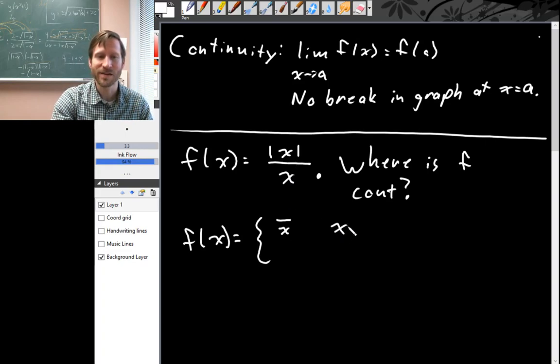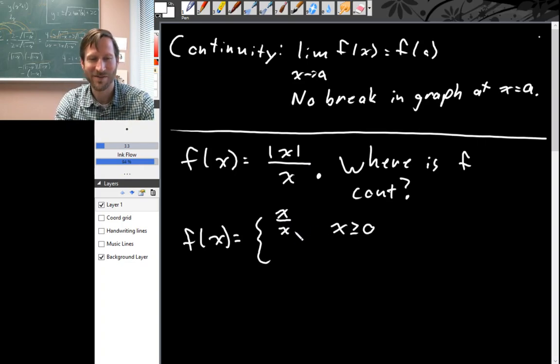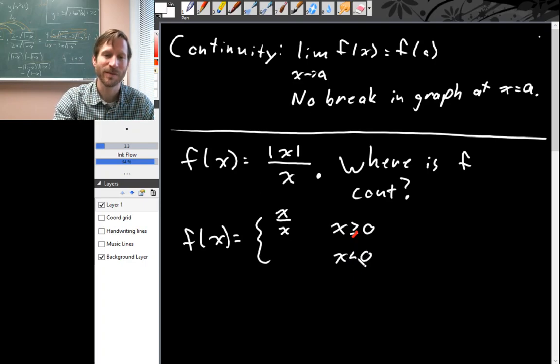So if x is greater than or equal to 0, the absolute value doesn't do anything, because if x is positive, the absolute value is just the same thing. So that would be just x. And since we have an x in the denominator, we actually can't have x be 0. The other possibility is if x is negative.